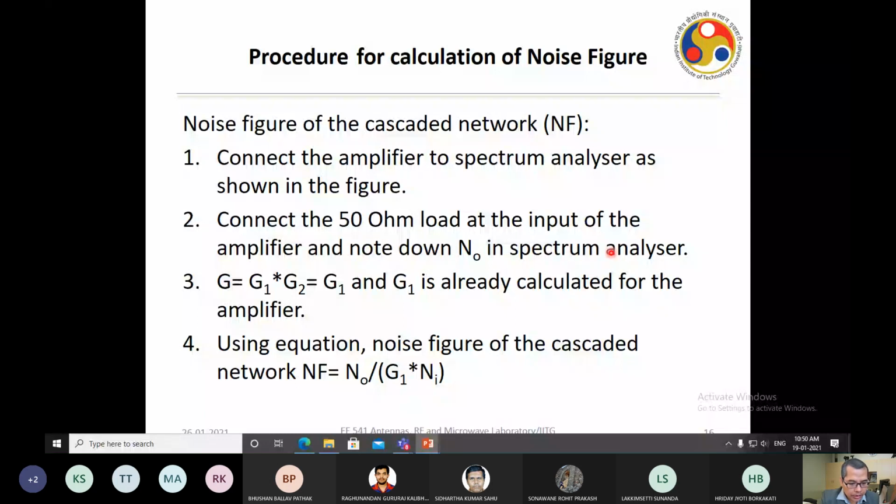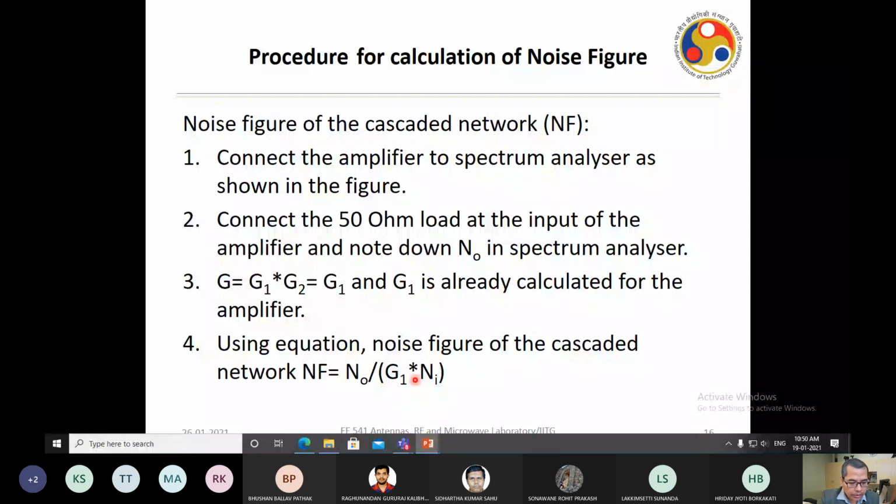Now you know that N naught divided by gain into Ni gives you the noise figure.